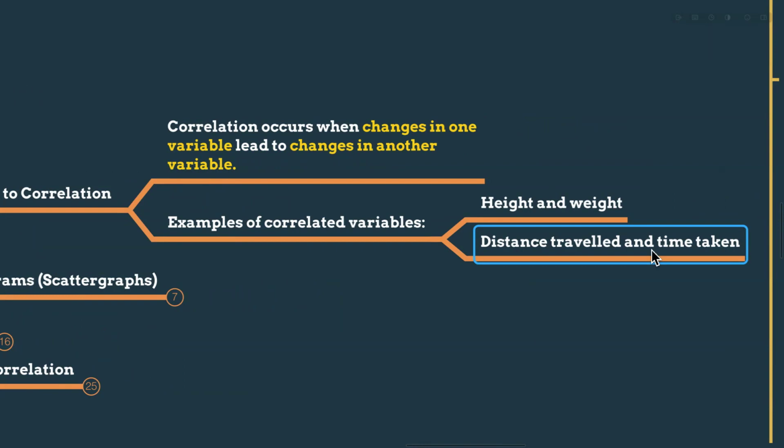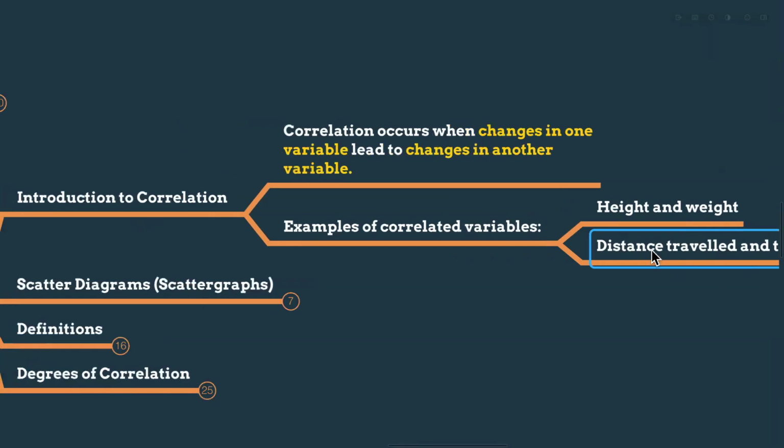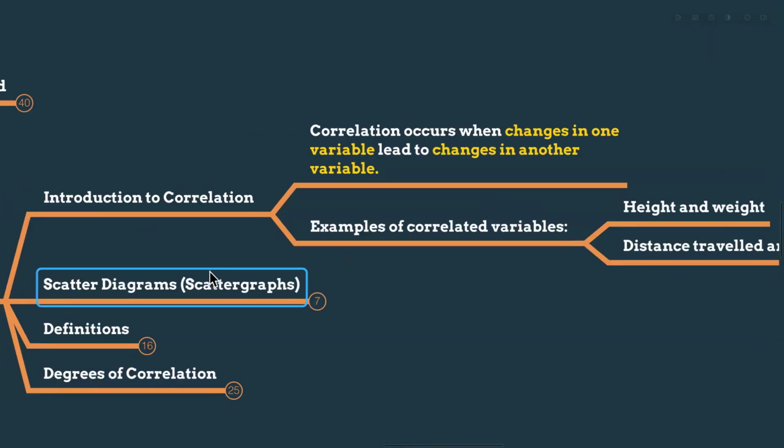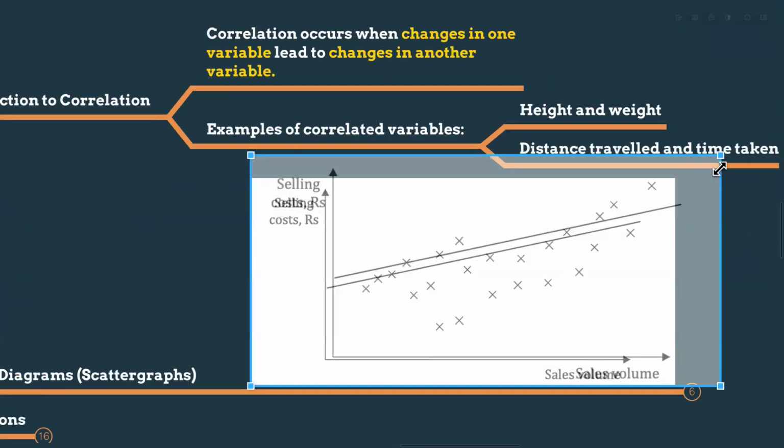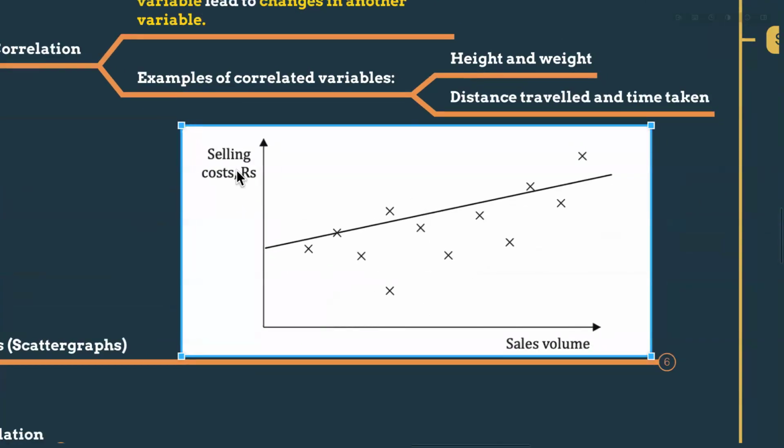For example, more discounts, lower profit. It's a negative correlation. If you give more discounts to your customers, you will end up with lower profit. So that's the correlation. And now the scatter diagrams, or scatter graphs. Scatter graphs are like this, for two variables like selling cost and sales volume. So these are two variables.